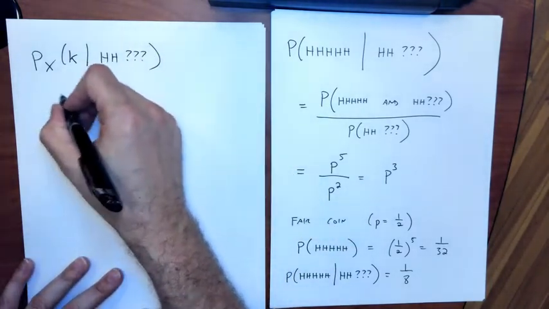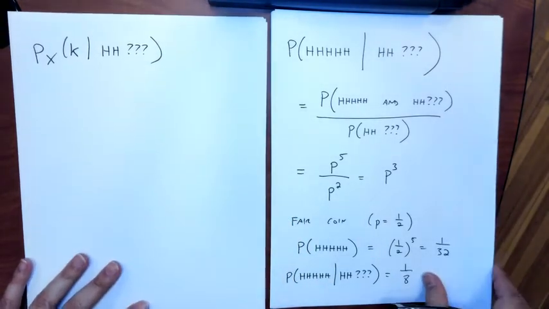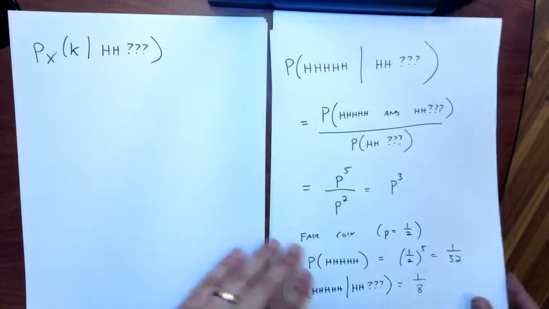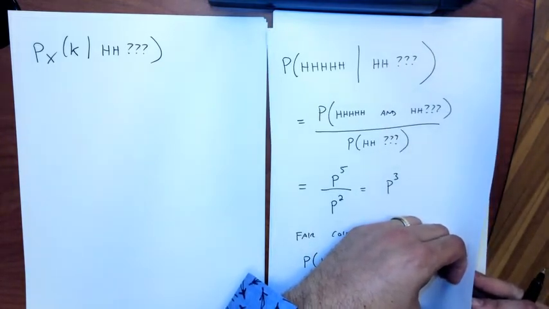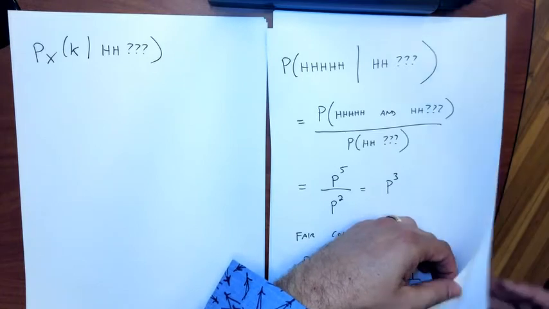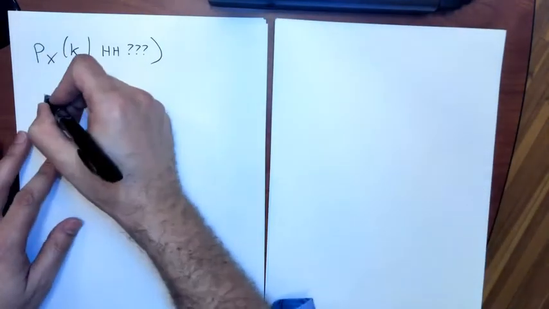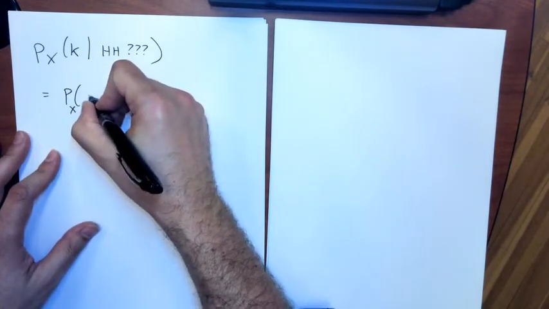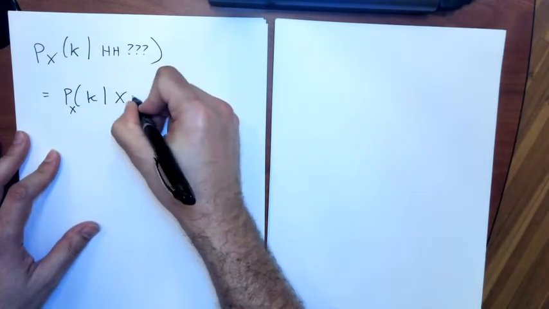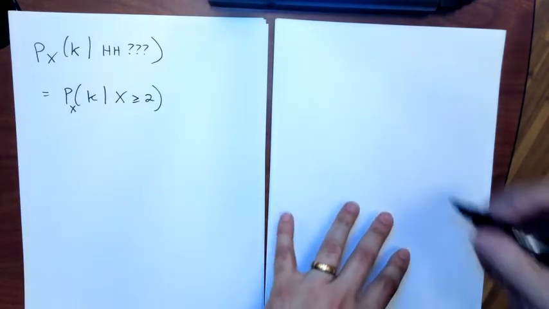Well, if I go back to my original fair coin, let me draw this over here. A different way of saying this is the probability of x given that x is at least 2, right? It took me at least 2 flips already.